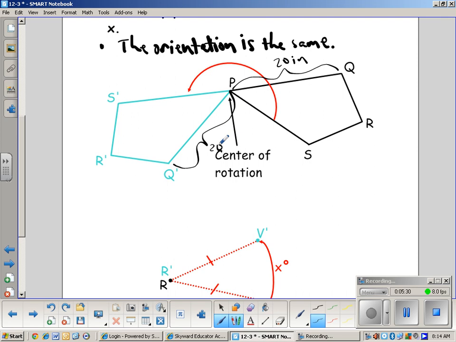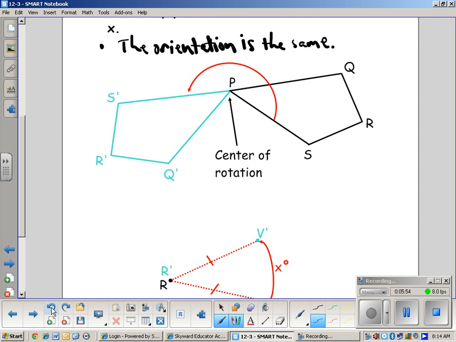Okay? If this distance here is 31 inches, then this distance here is going to be 31 inches. So every point that we rotate about that center of rotation will always be an equal distance to the original. Okay?